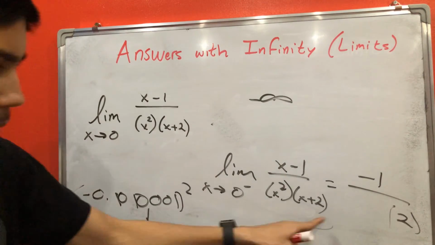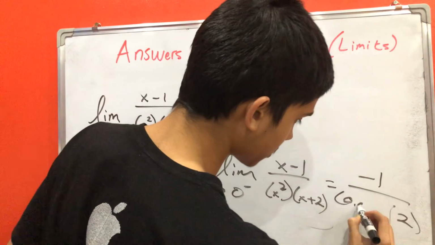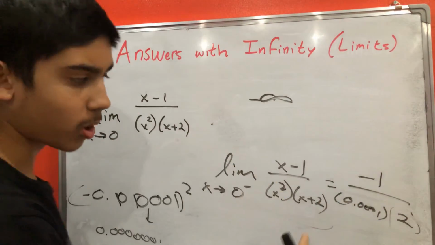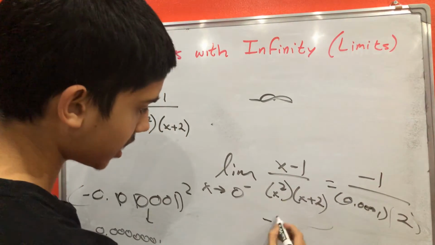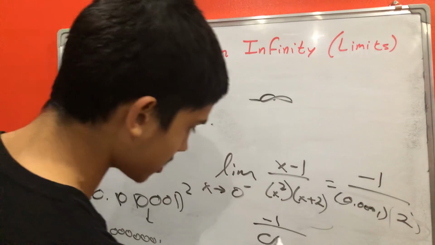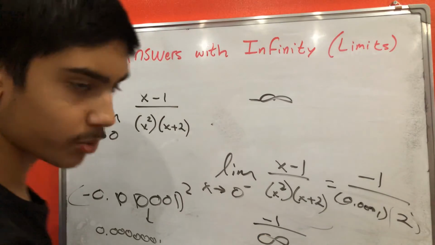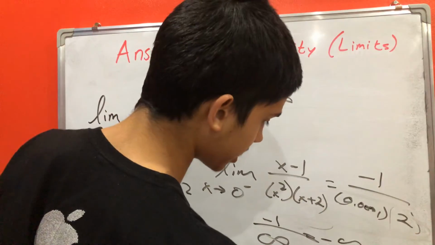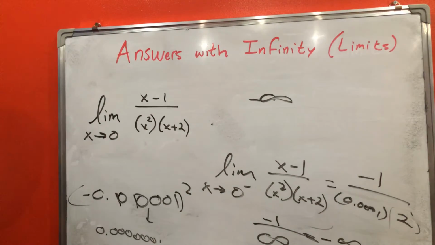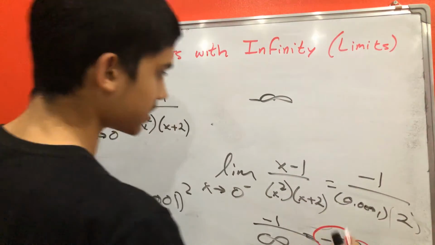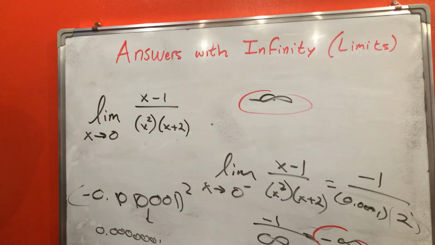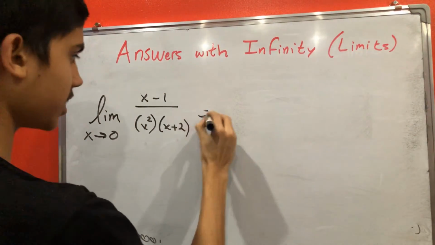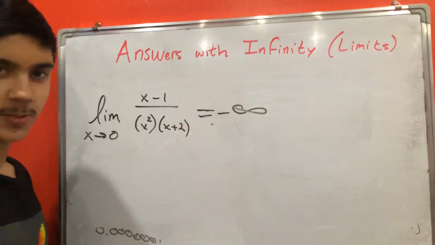So when we plug in again 0.00001, this overall denominator is going to get so small, and the overall fraction is going to get so big, because this is going to become negative 1 over a tiny positive number. Like in the last one, we also said that it's just negative infinity. So since the limit from the right side and the left side is the same, we can say that the overall limit for this problem is negative infinity. I hope this helped.